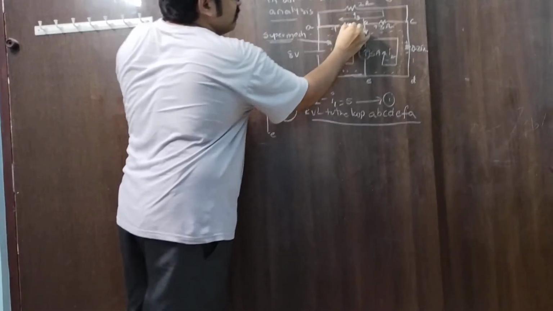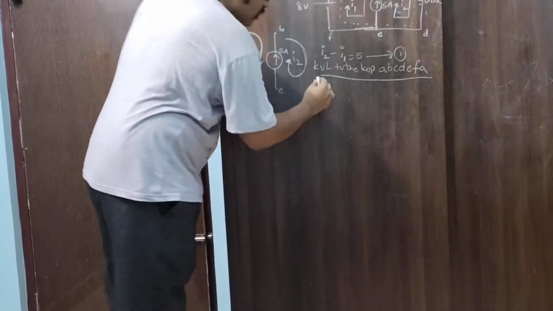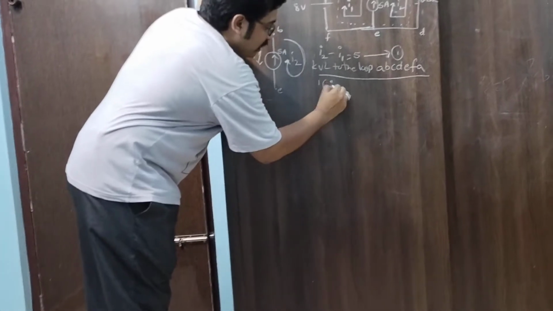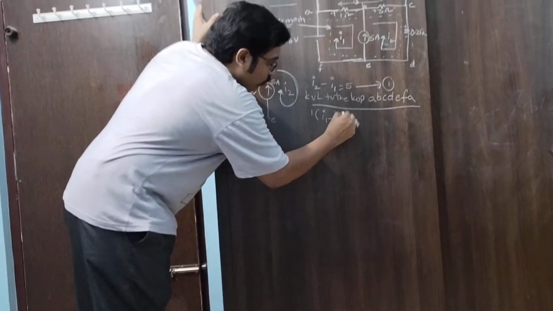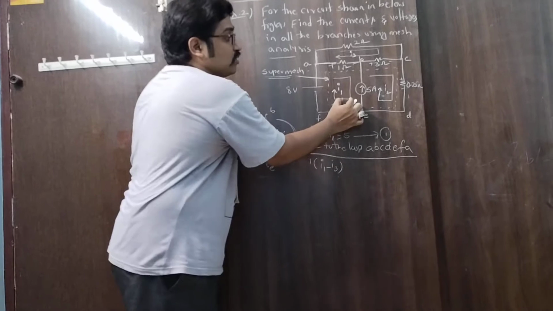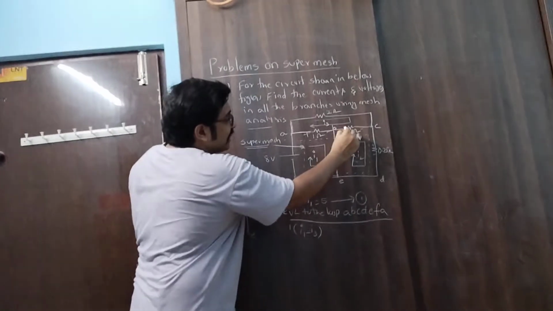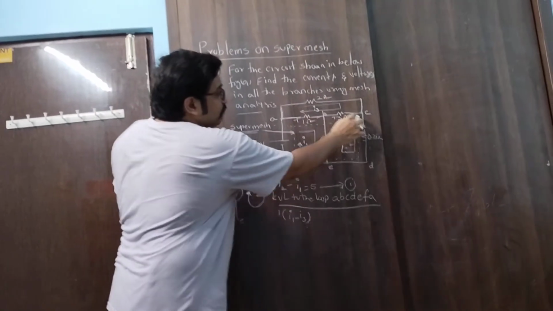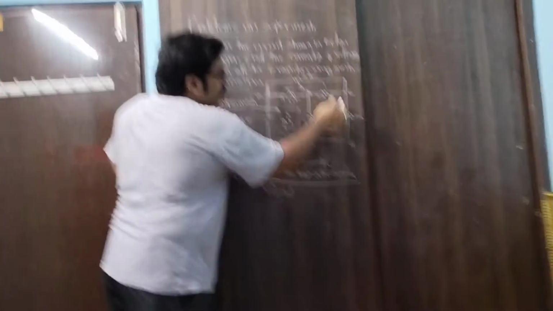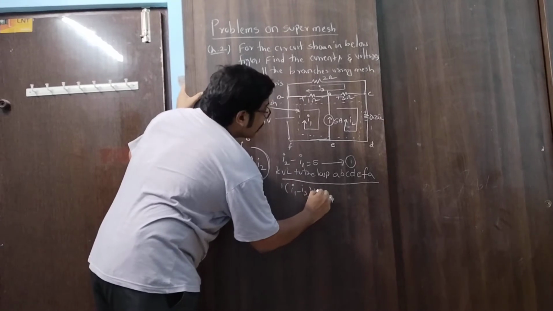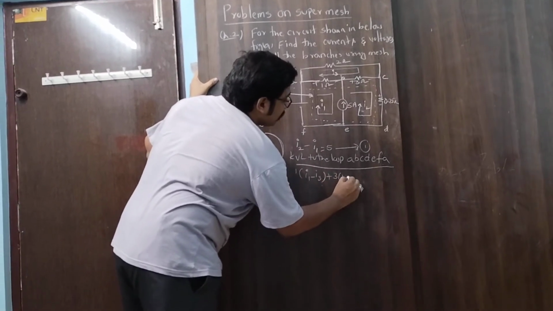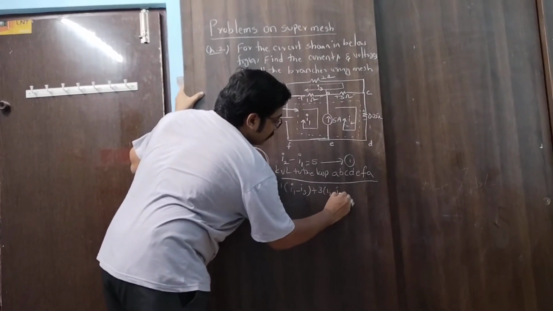In the AB branch, two currents are flowing. So what we are going to do is 1 into (I1 minus I3). While writing the equation for the first loop, you should give priority to the first loop. Next, in the BC branch, two currents are there: one is the I2 current, another is the I3 current. So 3 times (I2 minus I3).